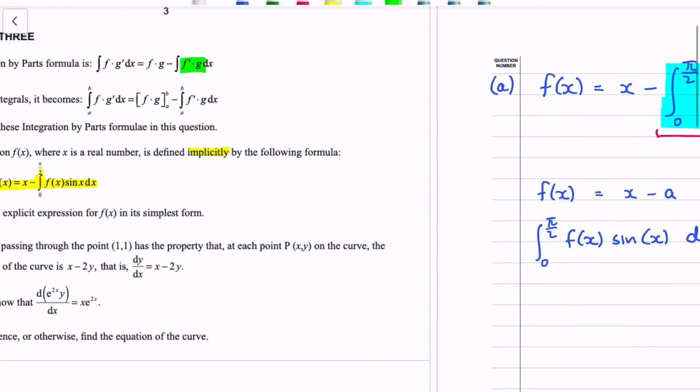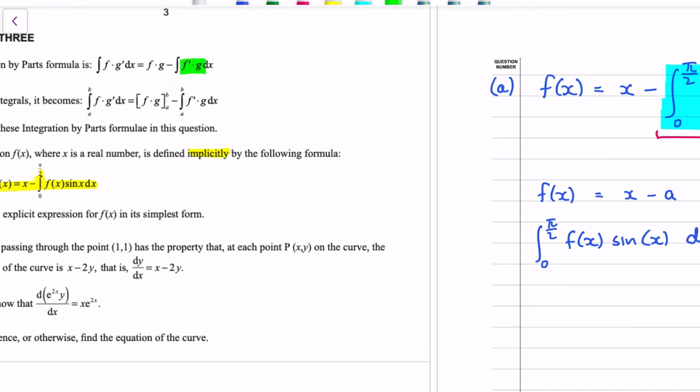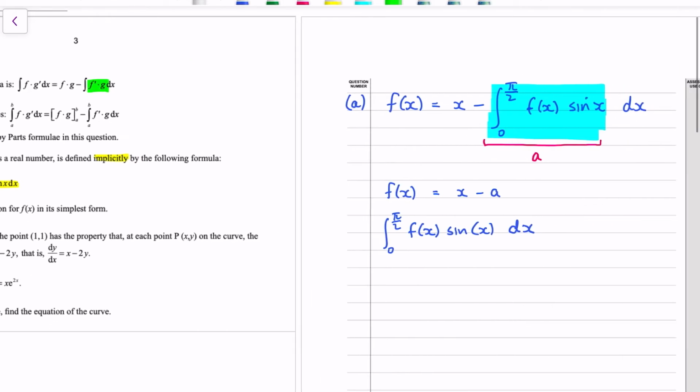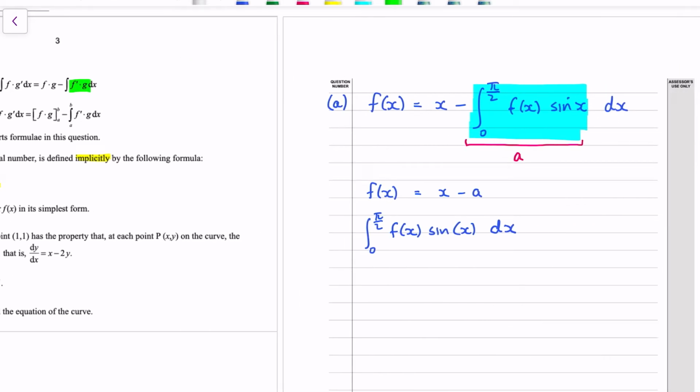So I want f dash to be something nice. I replace f of x with x minus a for a start because I know a little bit more information about f. I call this f, and this is my g dash.